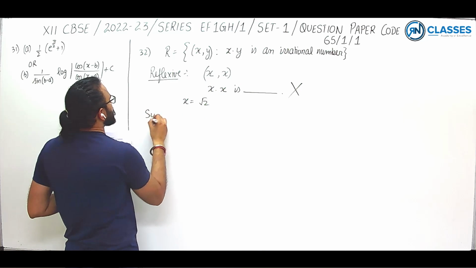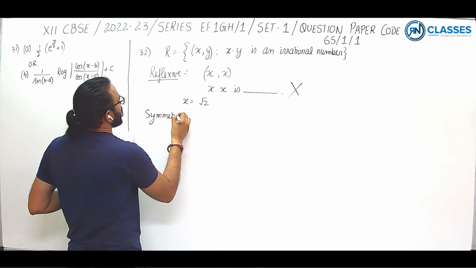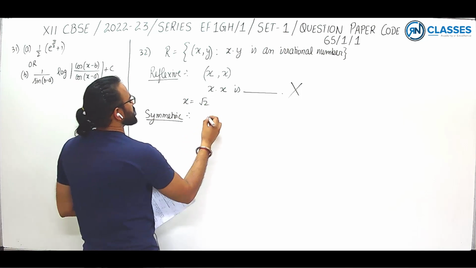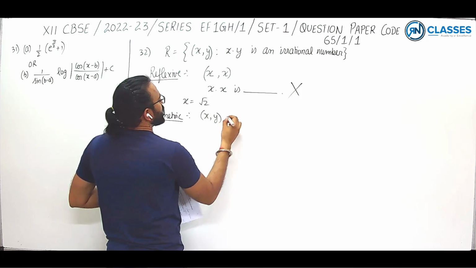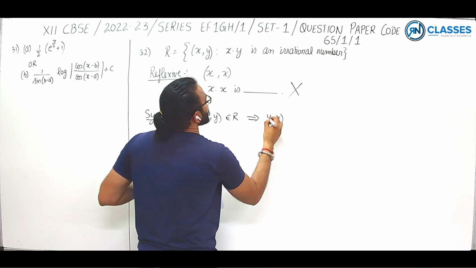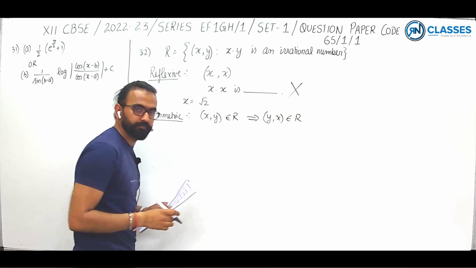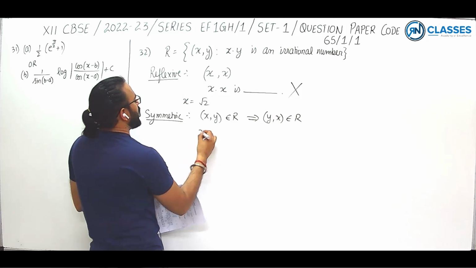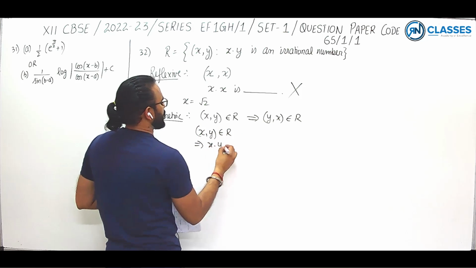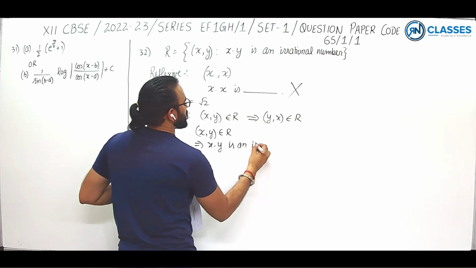Next, let us check whether this relation is symmetric or not. And for symmetric relation, the condition is if x comma y belongs to relation R, must imply y comma x belongs to relation R. Let us see. X comma y belongs to relation R means x into y is an irrational number.